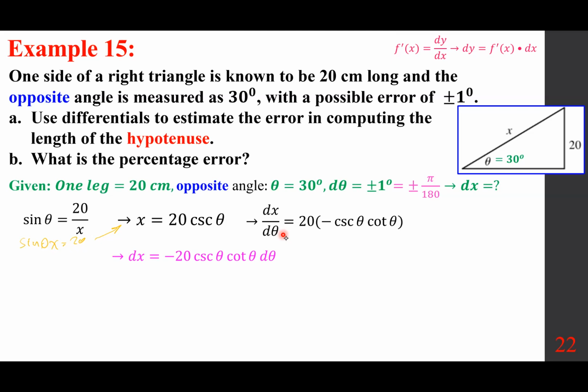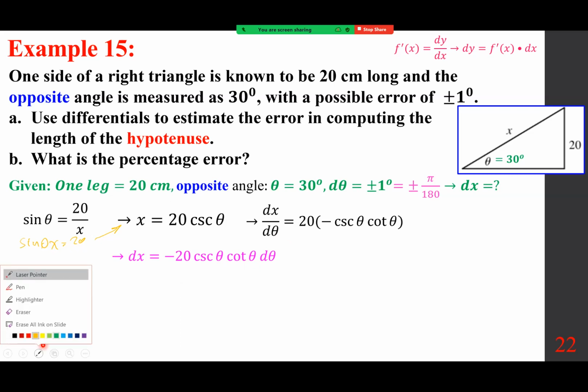Now, theta is 30 degrees. So this is 30 degrees. Cosecant is 1 over sine.